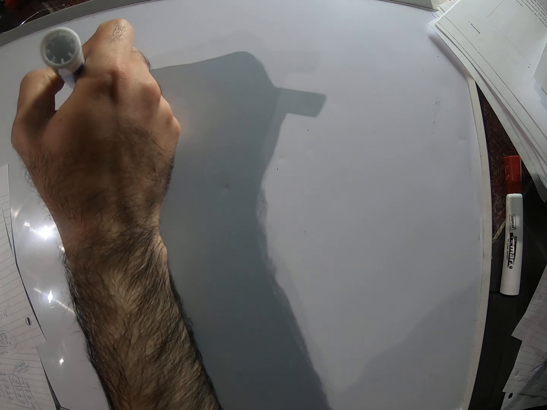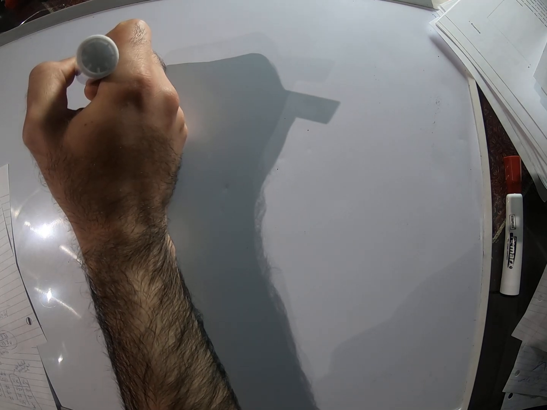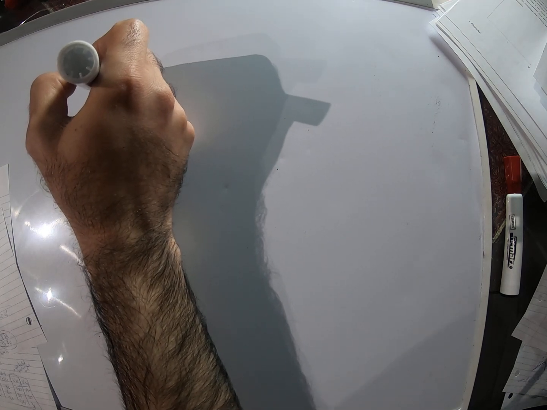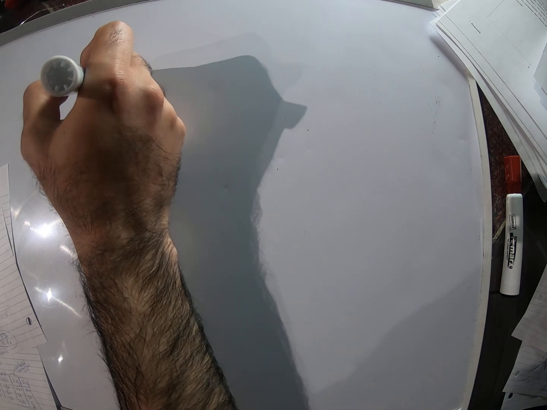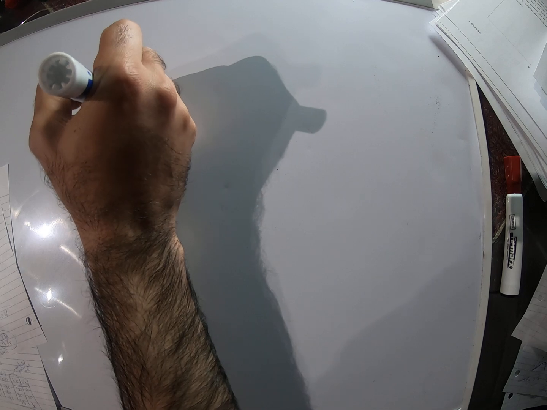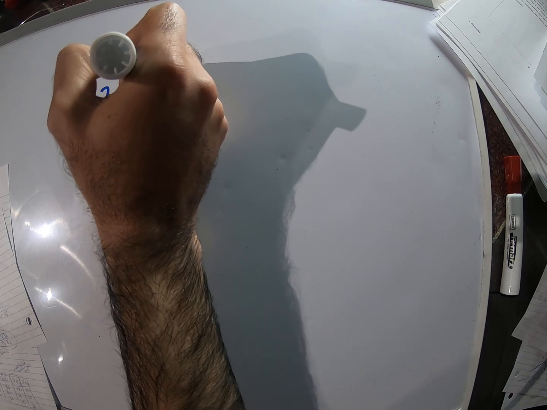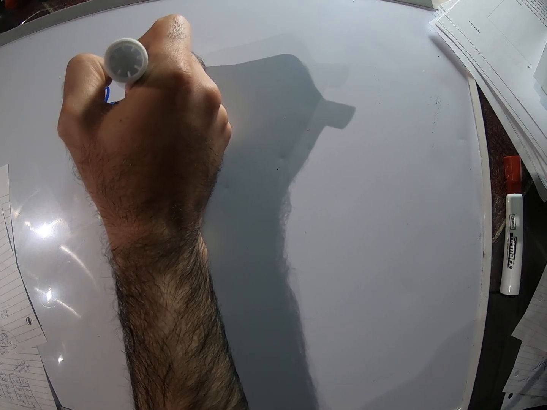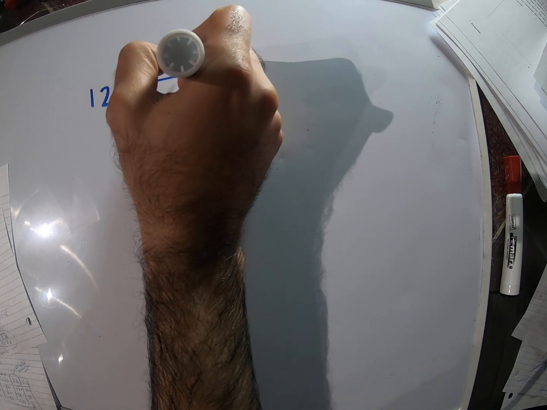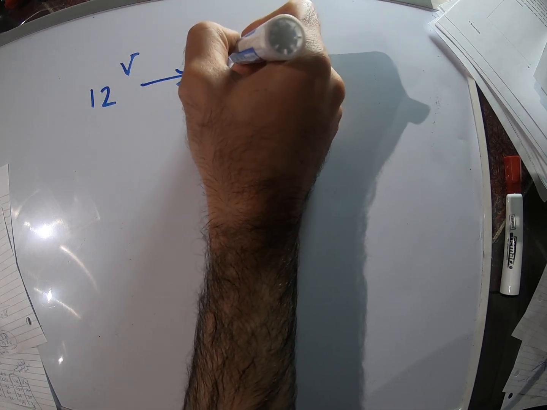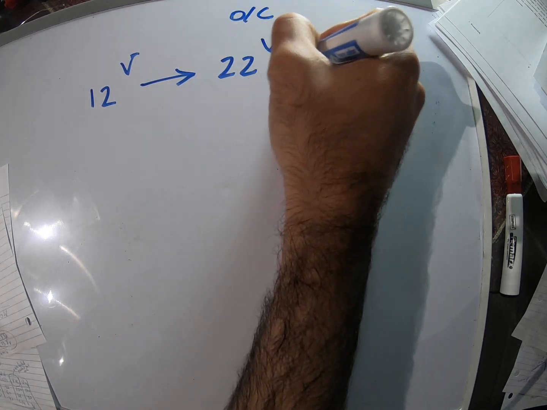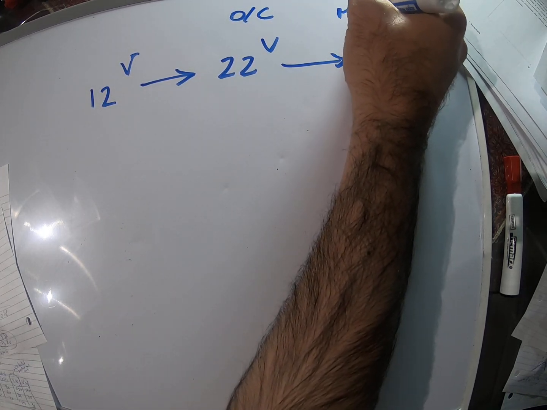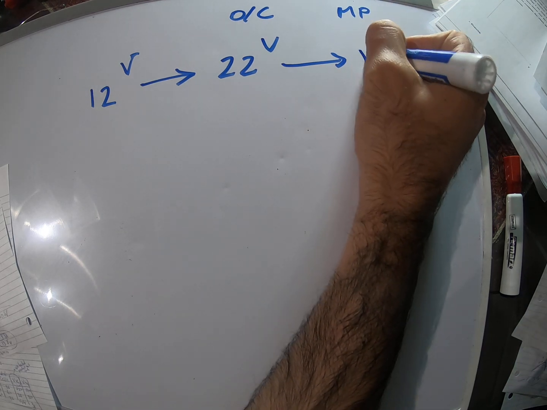One thing I wanted to show you, to give you a glimpse of the typical open circuit voltage and maximum power voltages: for example, if you have a 12-volt solar cell, or solar array, its open circuit voltage can be 22 volts. So this is open circuit, and its MP is going to be 17 volts.